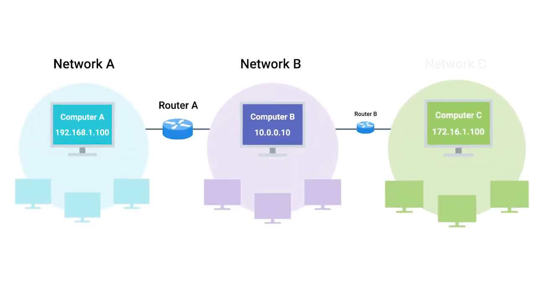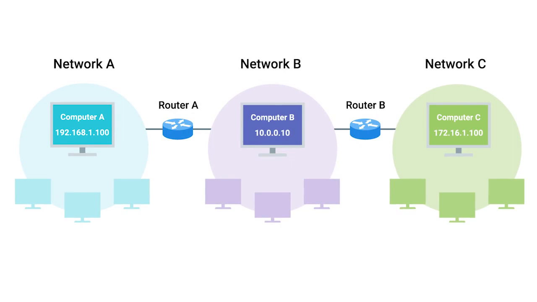We'll skip the data link layer stuff, but remember that it's still happening, of course. The computer at 192.168.1.100 knows that 172.16.1.100 is not on its local network, so it sends the packet to its gateway, the router between network A and network B. Again, the router inspects the content of this packet.